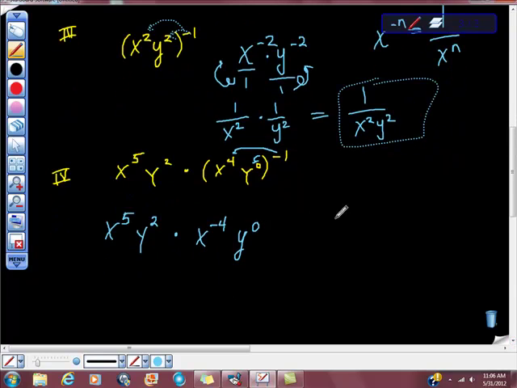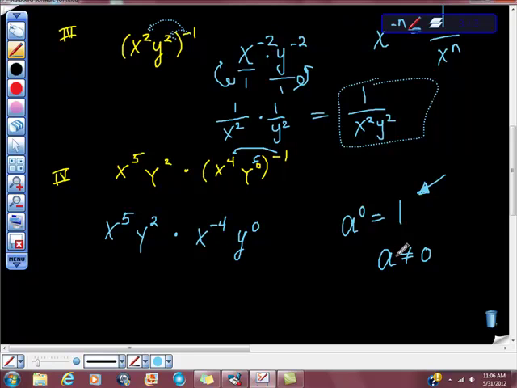But we also know this, that any number a to the 0 is equal to 1. This is crucial for us to know. It's really crucial for us to know. With the exception, a cannot equal 0.